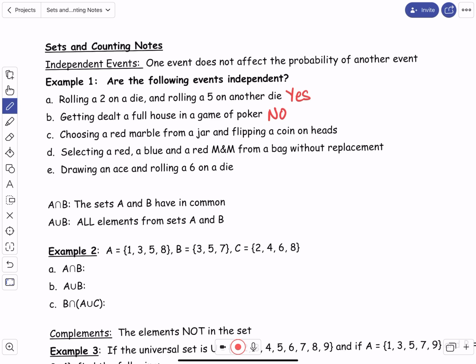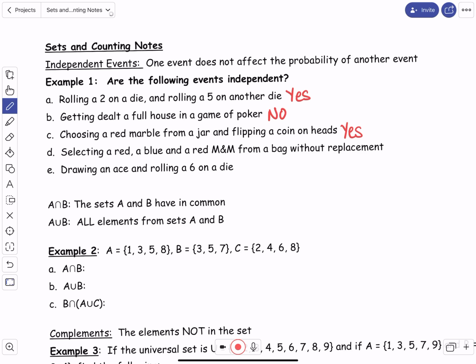All right, so for C, choosing a red marble from a jar and flipping a coin and getting heads. Those are two completely separate things, so those are going to be independent events. All right, for D, selecting a red, a blue, and a red M&M from a bag without replacement. Without replacement means you're not putting it back.